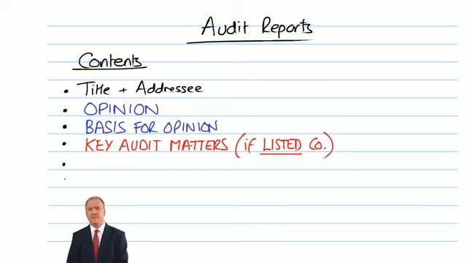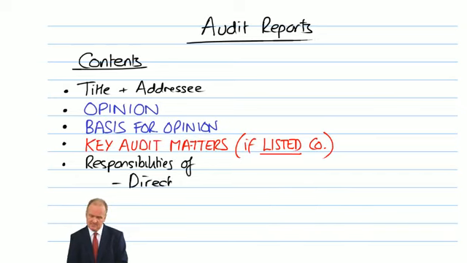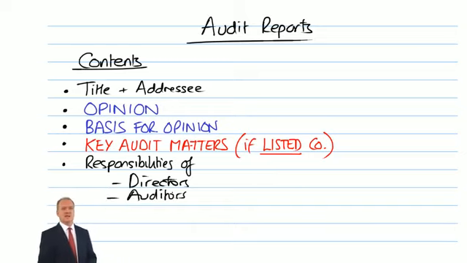And the remainder of the standardized content is not very exciting and therefore less examinable even. Responsibilities of the directors and the auditors. So directors are the ones keeping the accounting records and preparing the accounts, and the auditors are checking and giving an opinion on them.